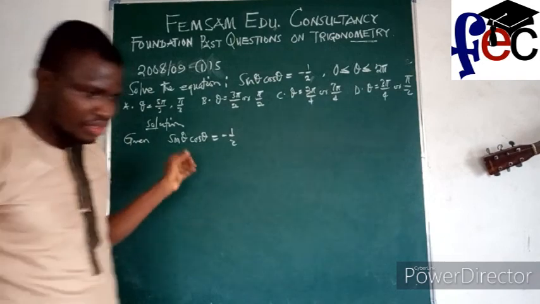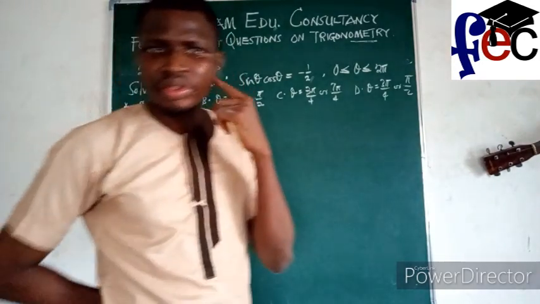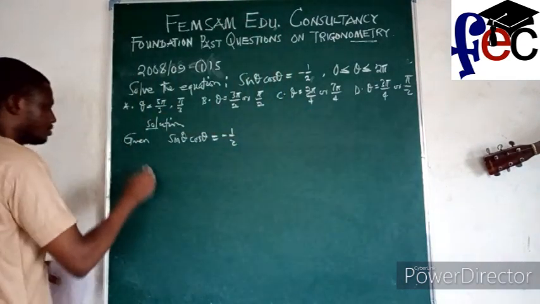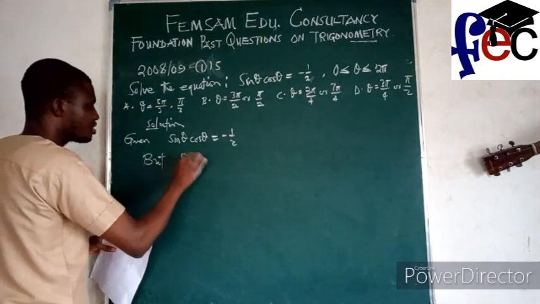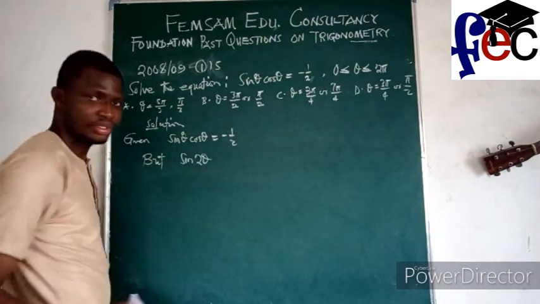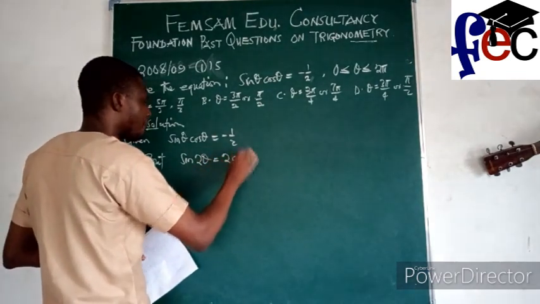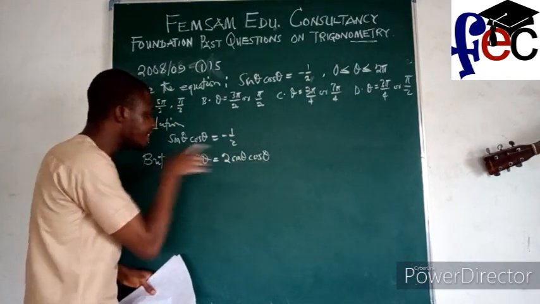You will need to recall the expression for the double angle for sine. What is sine 2 theta going to give you? Do you know sine 2 theta is the same thing as 2 sine theta cos theta? Wow! Can you see this here?